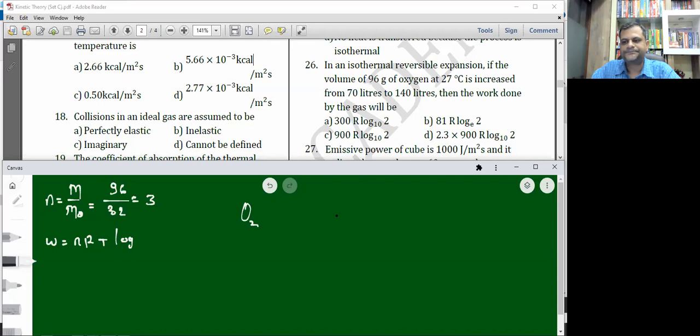Okay, Yes, sir. atomic mass is 16. If we calculate molar mass, then it will be 32 actually, and we have to divide this 96 by 32. और अगर वैसे भी अगर 96 को 16 से भी अगर डिवाइड करेंगे तो भी क्या आएगा? 6 आएगा ना. 2 कहां से आएगा?